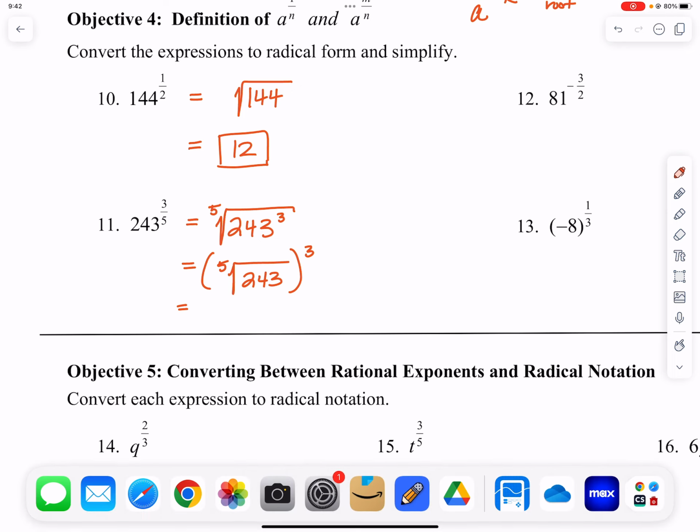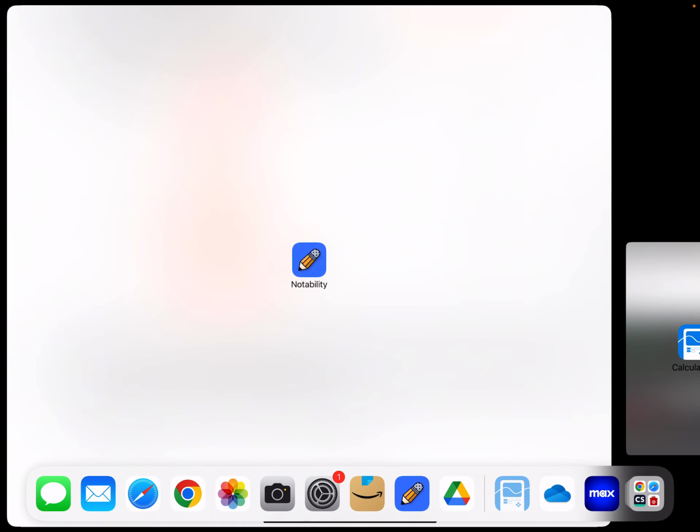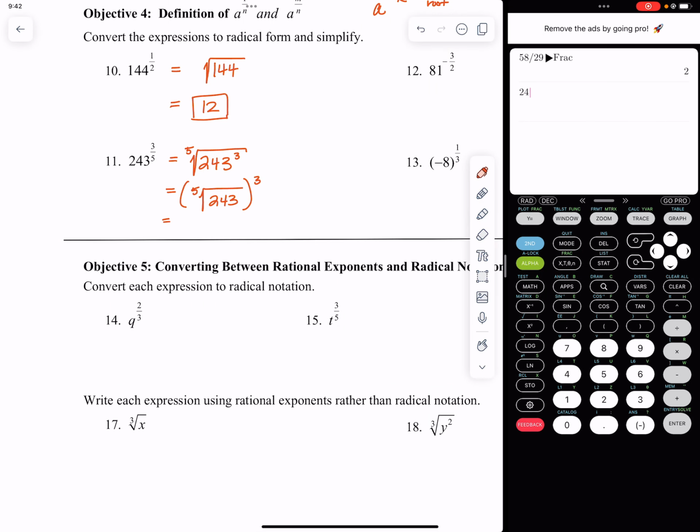So let's go ahead and take the fifth root of 243. So 243 raised to the 1/5 power, and that is 3. And then 3 cubed, of course, is equal to 27.